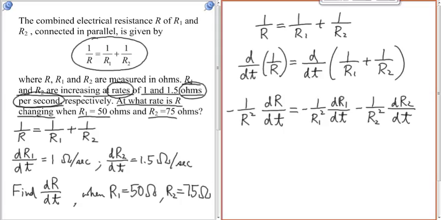Now we want to look for dR by dt. We know R1, we know dR1 by dt, we also know R2 and dR2 by dt, but we don't know what R is.